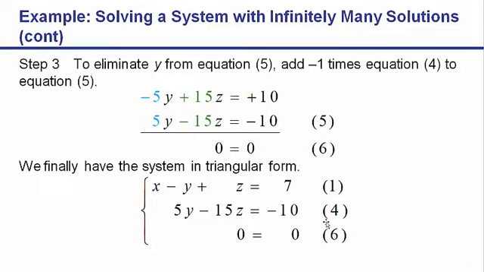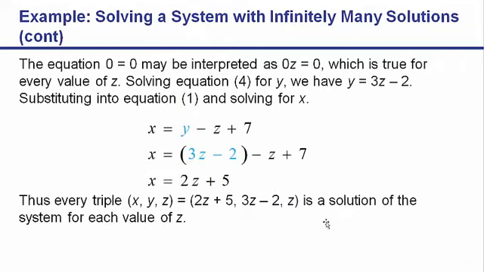So now, because we have 0 equals 0, that can basically be interpreted as all values of z work, because 0z equals 0 means z could be anything. So we now have to go back to our other equations and solve for them in terms of z.